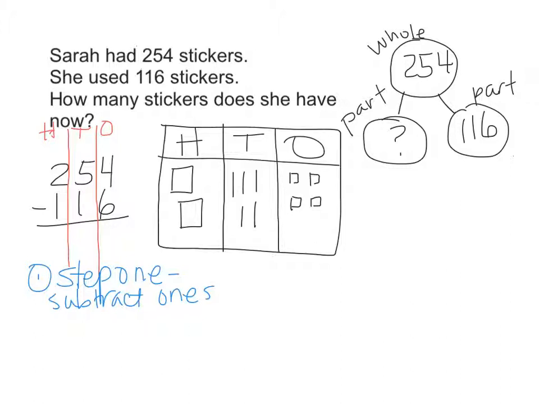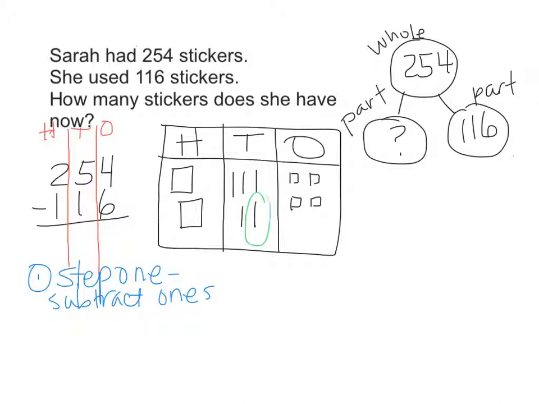Do we have enough to take away 6 ones? No. So what would we do? What can we do to solve this? What would be the step that helps us figure this out? You're like, okay, well, let's go ahead and regroup and get a 10 from the tens place.